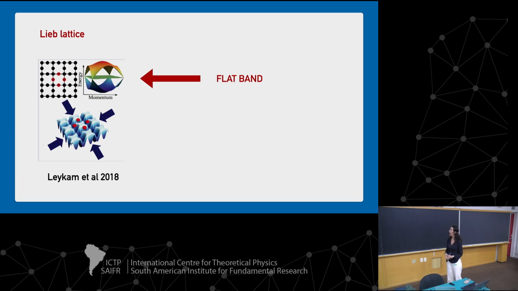Another lattice that is very interesting is what we call the Lieb lattice. So this is the square lattice where we remove one atom in the center of each square, as can be seen in there. And this is interesting because this is the lattice in which the cuprates have their 2D planes.